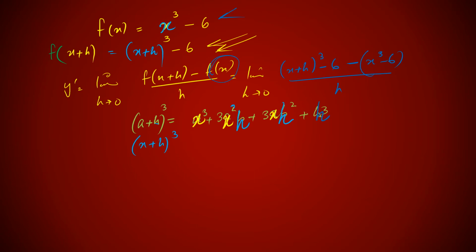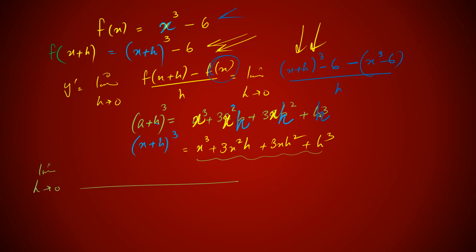So when you open it, your formula will be x cube plus 3x square h plus 3xh square plus h cube. Here at this side, you just open x plus h whole cube using these terms. So we can have limit h approaches 0. In place of x plus h whole cube, we can write x cube plus 3x square h plus 3xh square plus h cube.